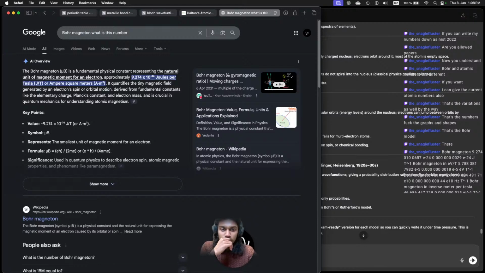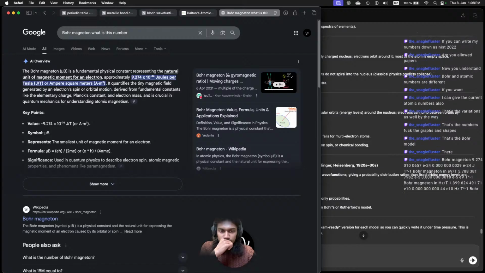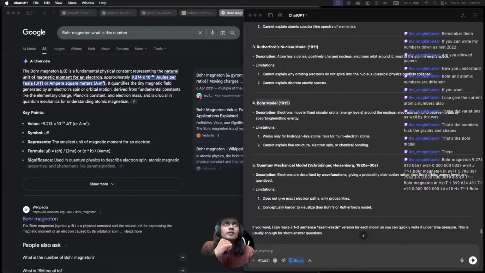If you write my numbers down as NIST 2022, remember them. Okay. What the hell is this? Let me give it to GPT.